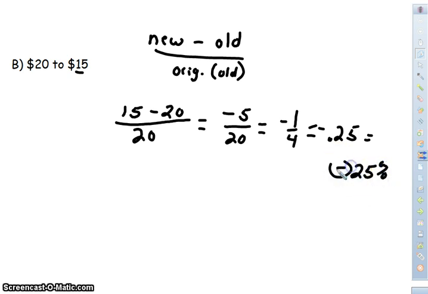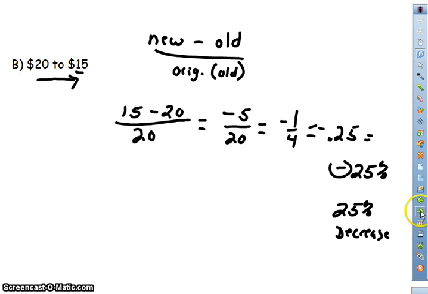And since it is negative, and we're going from 20 to 15, it does give us a negative, or a decrease amount. So 25% decrease. Again, questions, please write them down, and we'll discuss tomorrow.